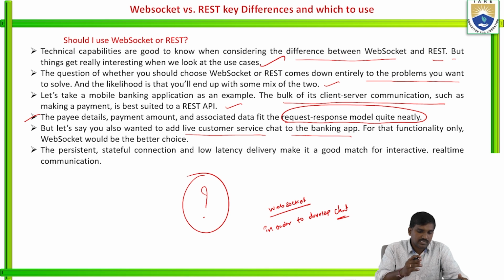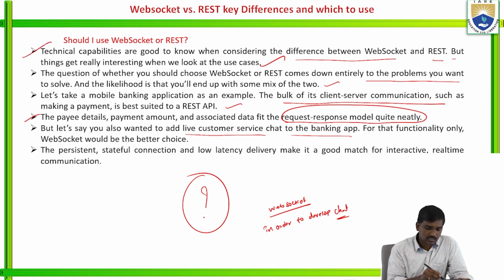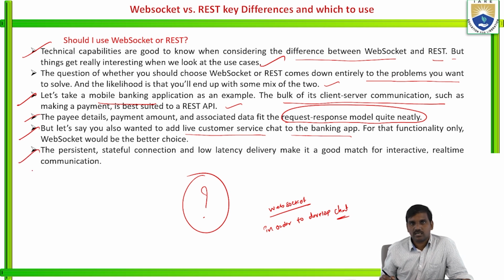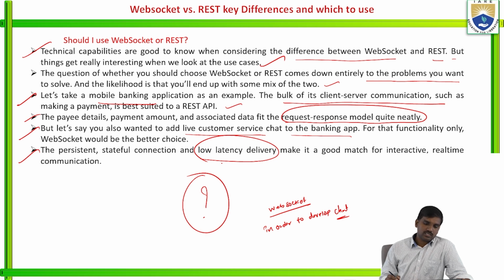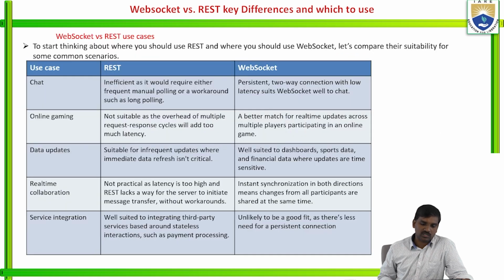These are the technical capabilities: REST depends on the problem, for example banking applications, while WebSocket suits live customer service and persistent stateful connections, depending on how much latency and delivery matter.